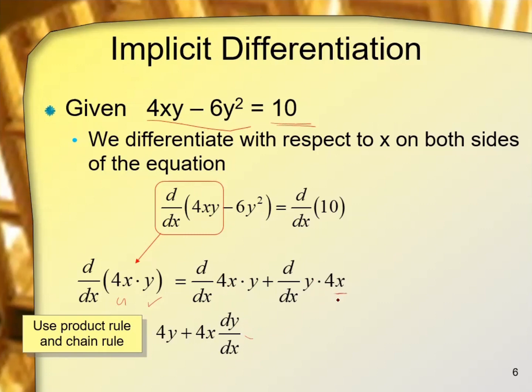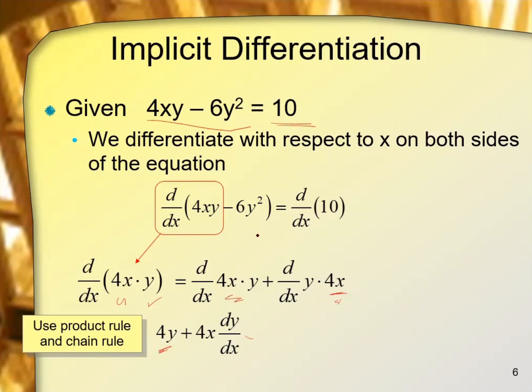The derivative of 4x is 4. So that's why we have 4y. So 4y plus this one, 4x times dy dx.